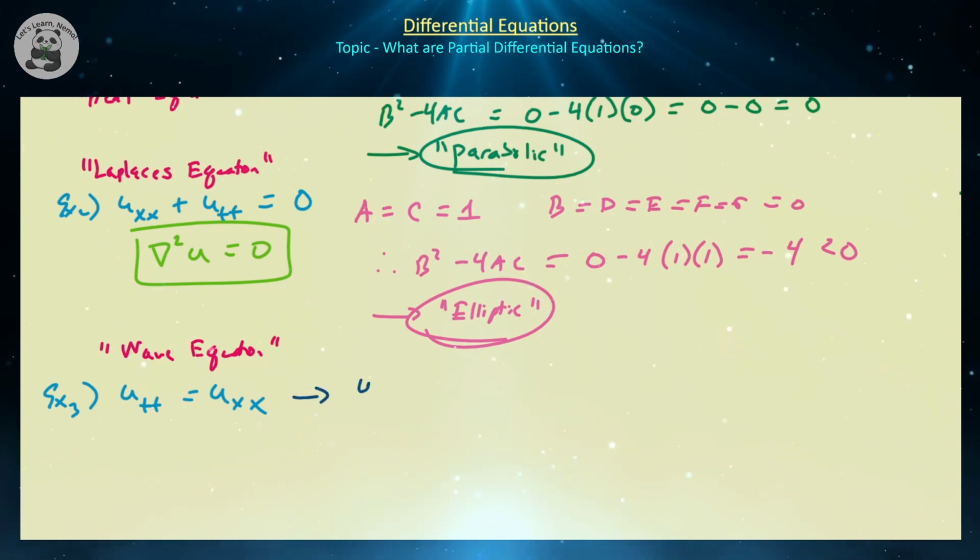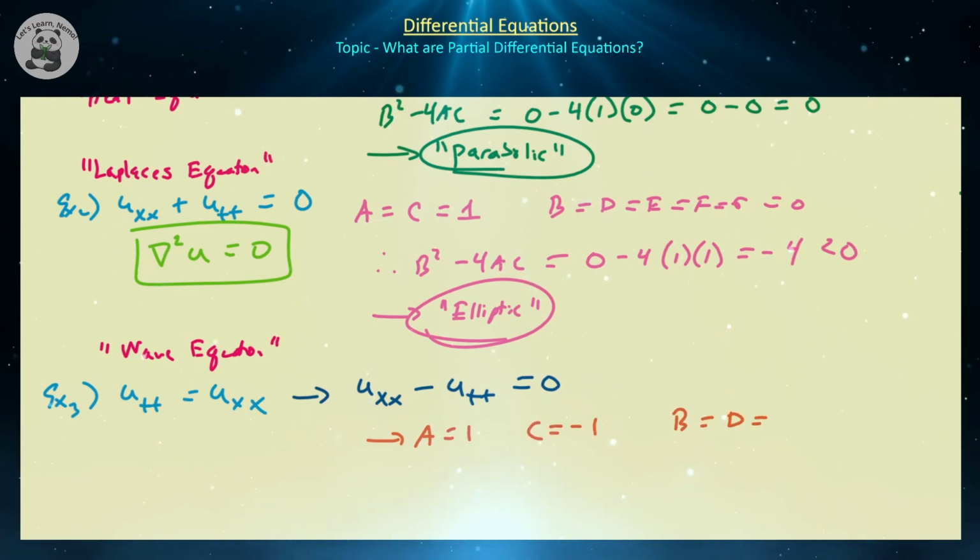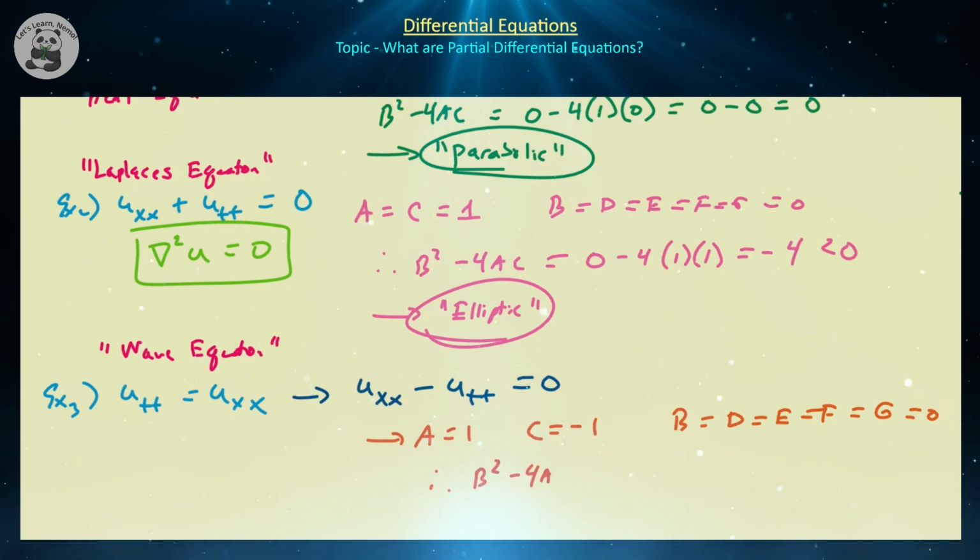That's uxx minus utt is equal to 0. And what do we have here? We have a is equal to 1, c is equal to minus 1, and b, d, e, f, and g all equal to 0. So that means b squared minus 4ac is 0 minus 4 times 1 times minus 1.